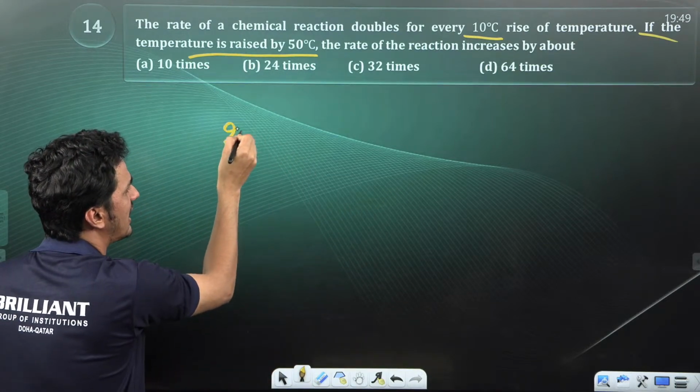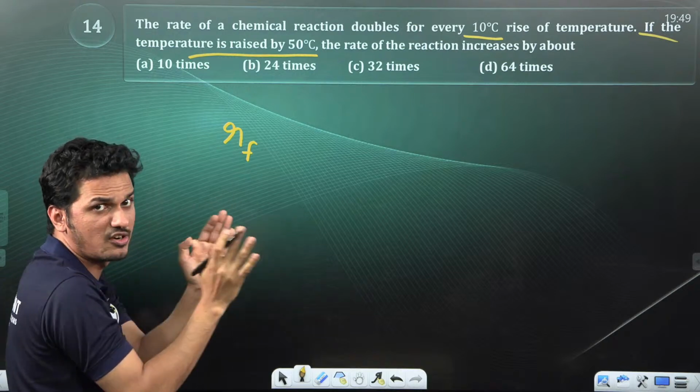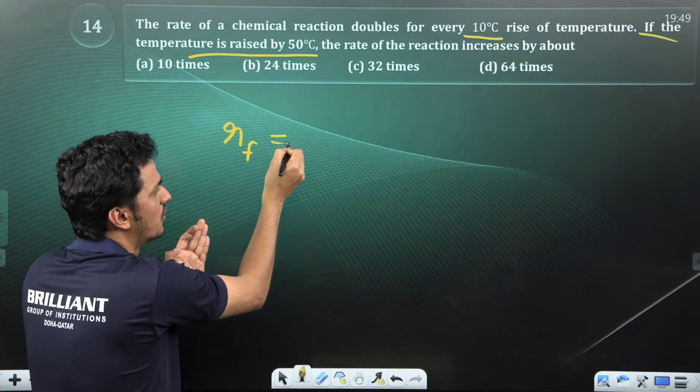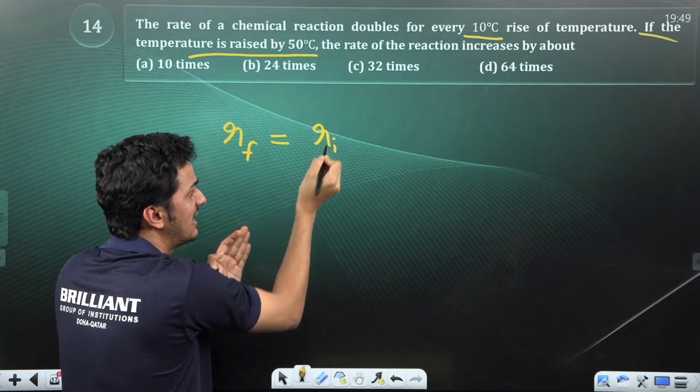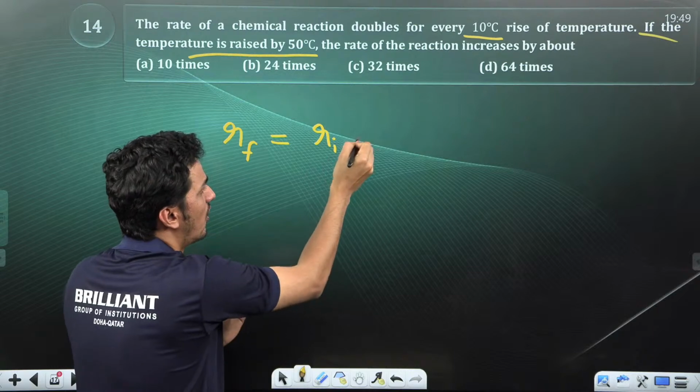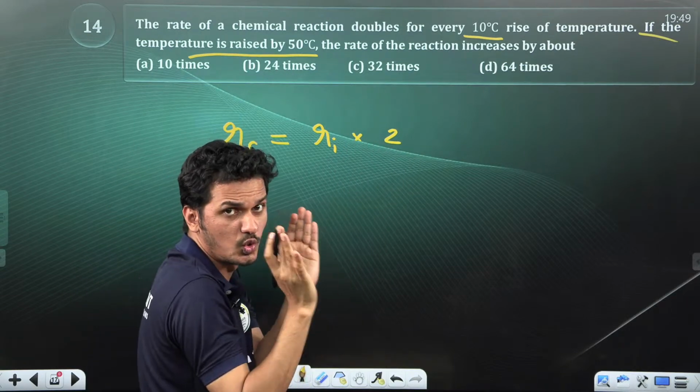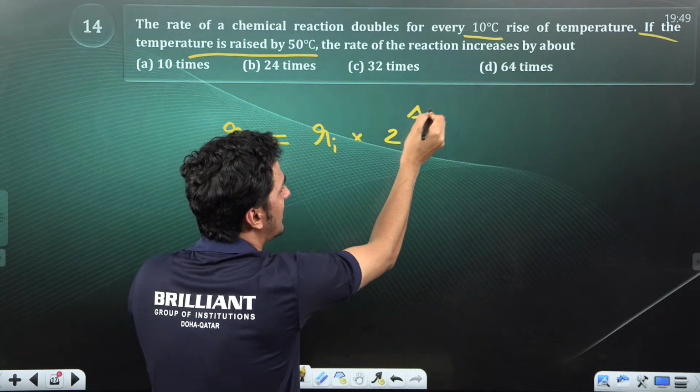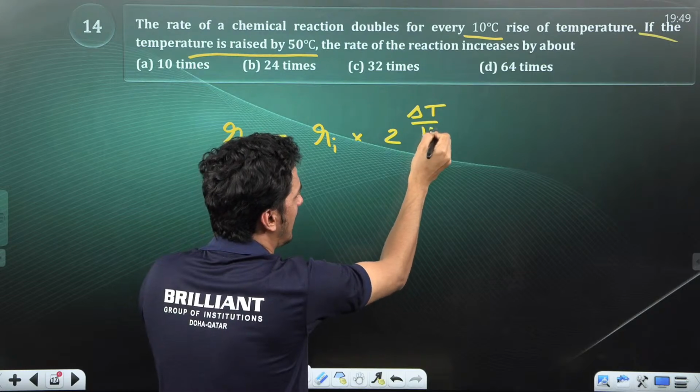Rate final is equal to rate initial into 2 raised to delta T by 10.